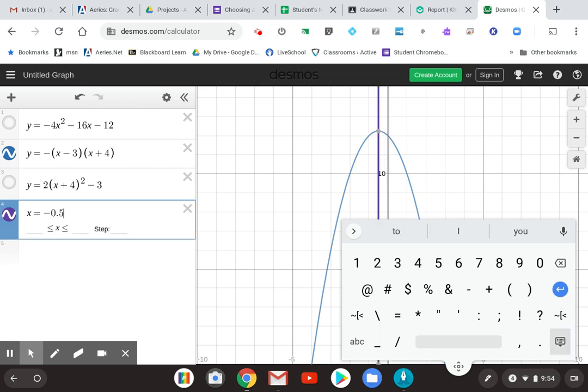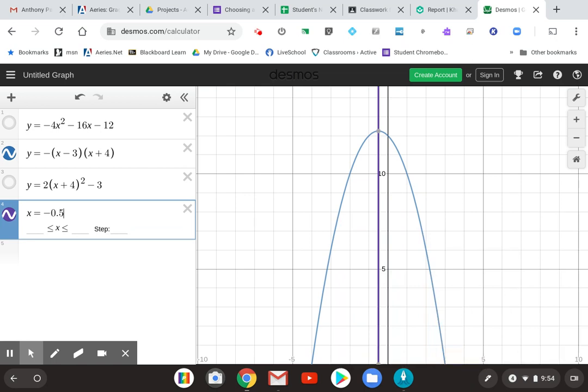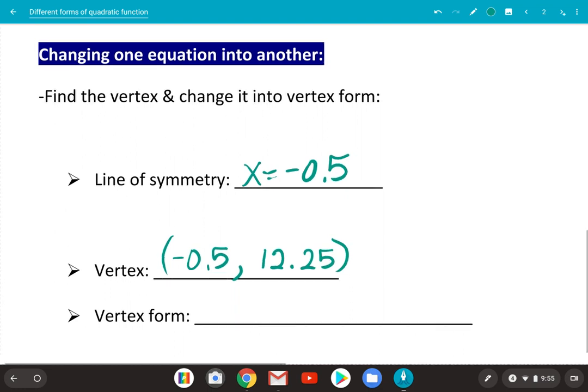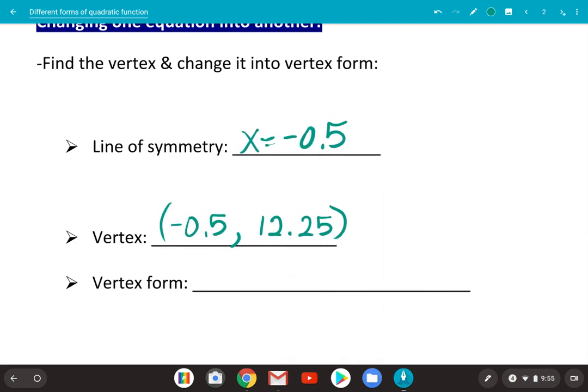See, it's going to go right through the vertex. That is your line of symmetry. So our line of symmetry equals negative 0.5, and our vertex was negative 0.5, comma, 12.25. Usually we're going to get them that are a little bit easier to do, but we can still do it when Desmos does it for us. Have them do all the work, right?